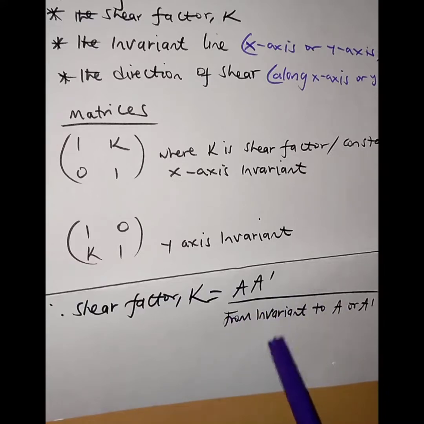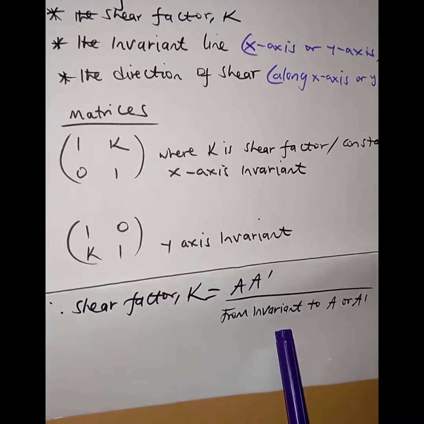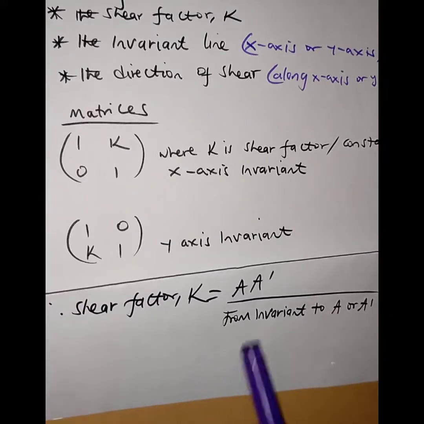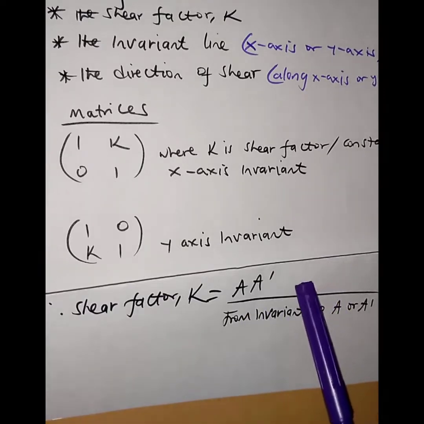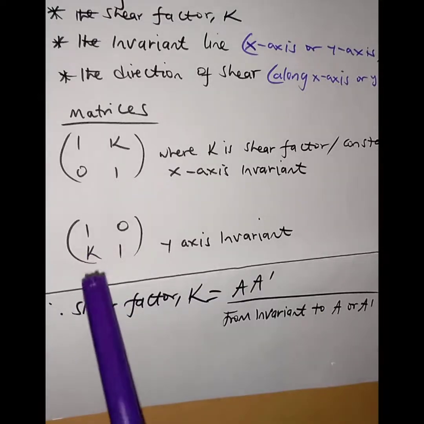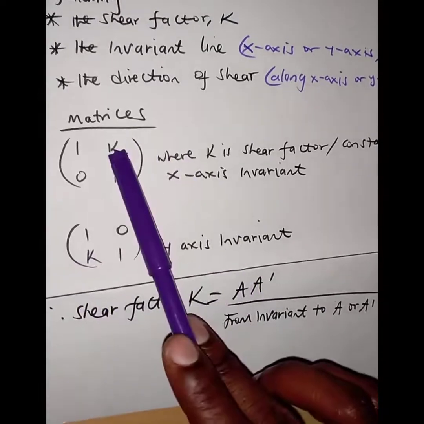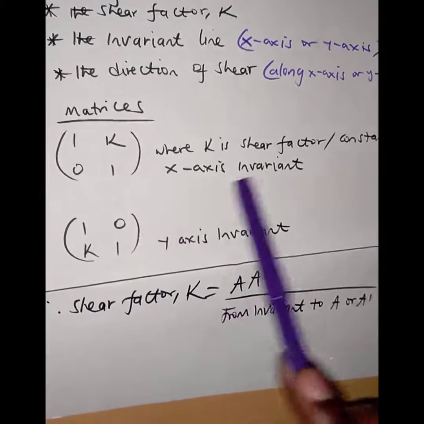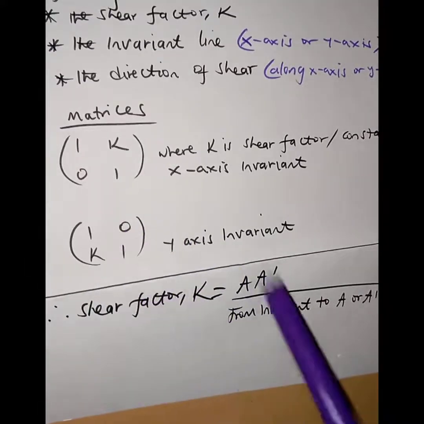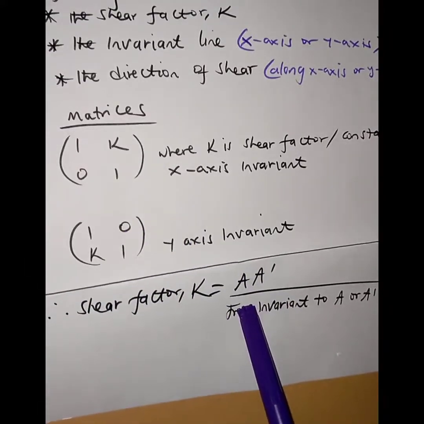Then divide by the count from the invariant line to the A object, or maybe from the invariant line to the A image, to get the shear factor. Once you get the shear factor and they ask you about the matrix, you simply put it in: if the shear factor is 2, you put 2 as K. If it is x-axis invariant, you go for this one. If it is y-axis invariant, you go for that one. Otherwise, this is how you're supposed to find the shear factor.